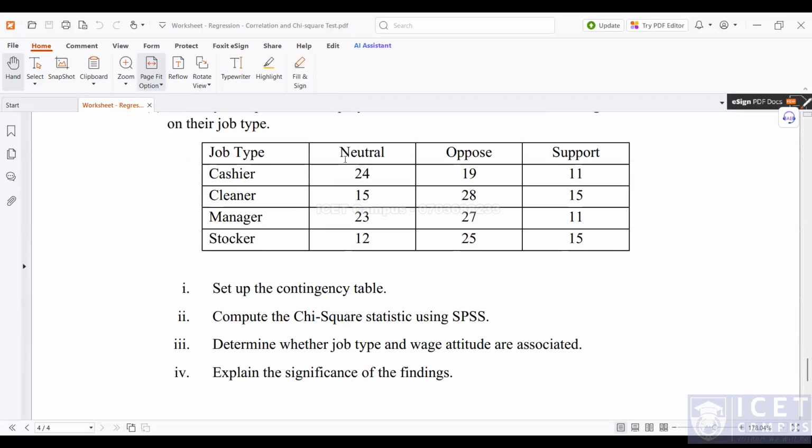You have to enter this data: cashier neutral, cashier oppose, cashier support. Likewise, you have to enter, and then the counts. After you enter, you can see it like this.